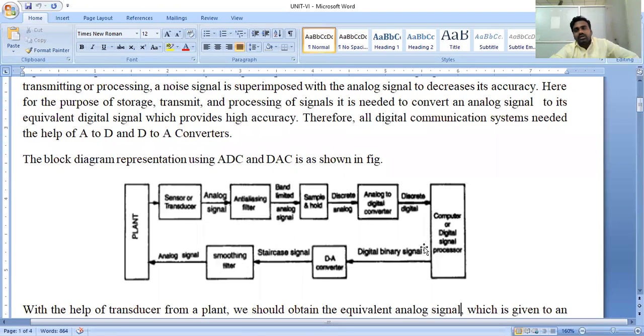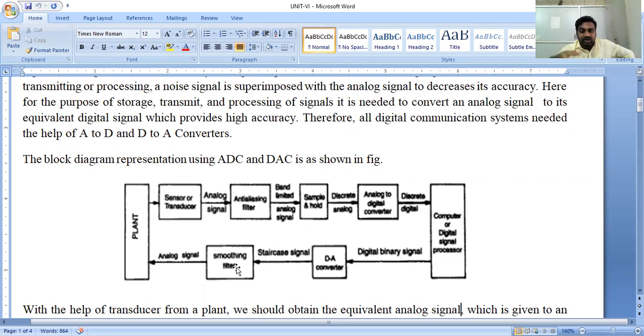In the reverse manner, we can also convert the digital pulse into analog, depending upon the application and the various parameters involved. The digital binary signal goes to the D to A converter, then it is forwarded as a staircase signal, and next it is forwarded to the smoothing filter. This is the process.